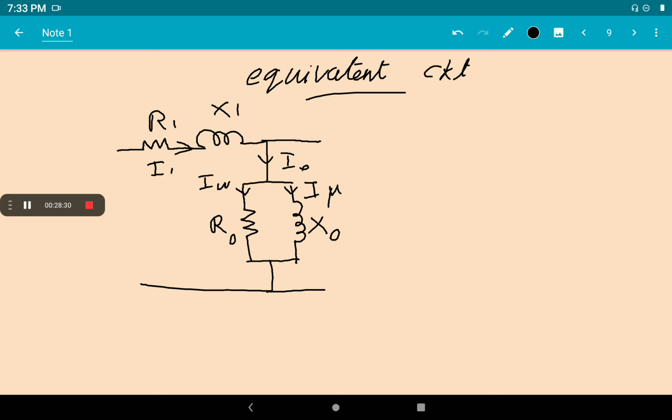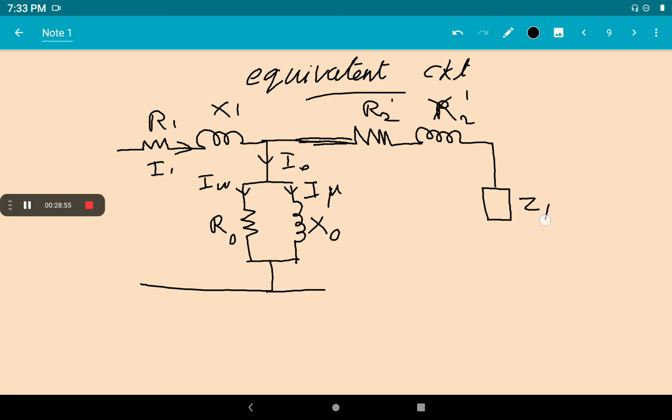So we transfer the secondary parameters to the primary, so we can connect the secondary equivalent parameters. Physically we can connect them here, but these are equivalent parameters, so we call it R2 dash, and X2 dash represents the reactive component, and if there is any load, that is ZL.